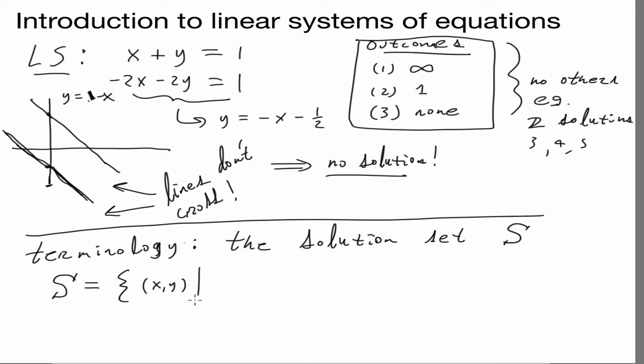of x comma y, given. All right, so this right here, when I write this, this tells you what kind of objects that is telling you the type of object. In this case, it's an ordered pair.